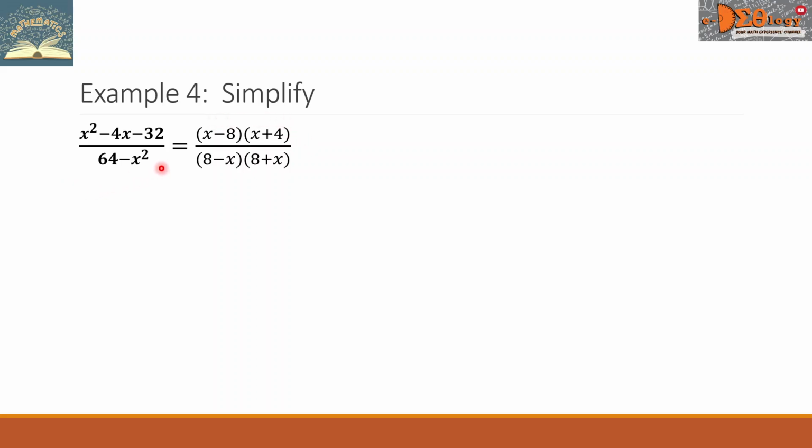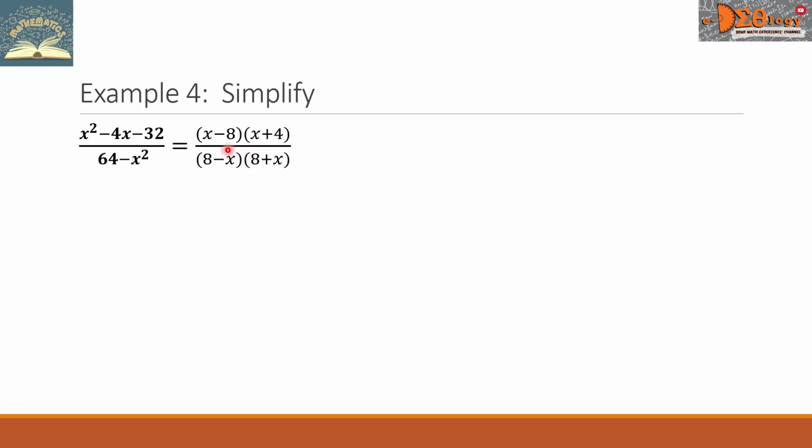The denominator is the difference of two perfect squares and the factors are 8 minus x times 8 plus x. We can see here that there is no common factors for numerator and denominator. But in the numerator we have x minus 8, while in the denominator we have 8 minus x.